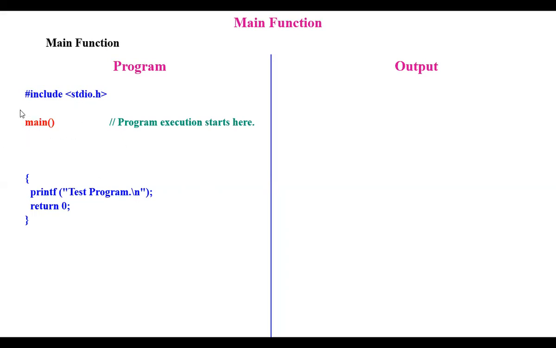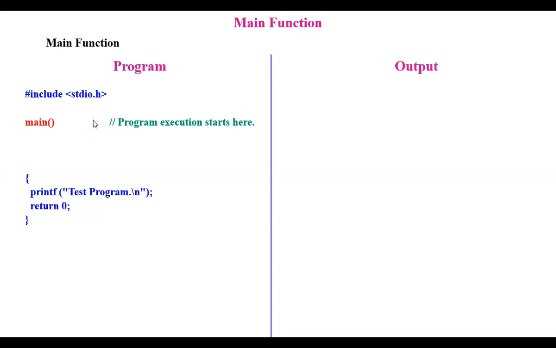Only in some particular cases do we have to write int. Otherwise, it's not necessary. You can just write main with opening and closing brackets and start writing your program. This int in the beginning is not necessary. We will see later where it is a must.